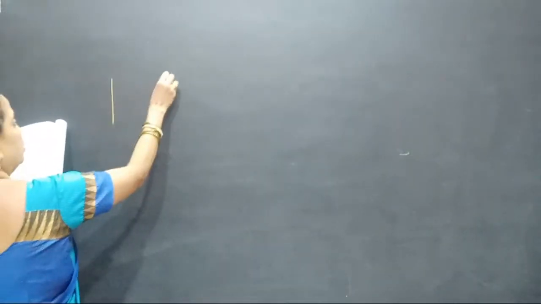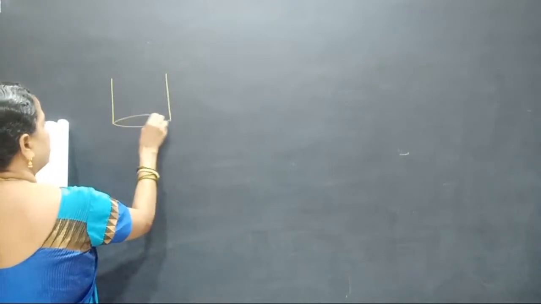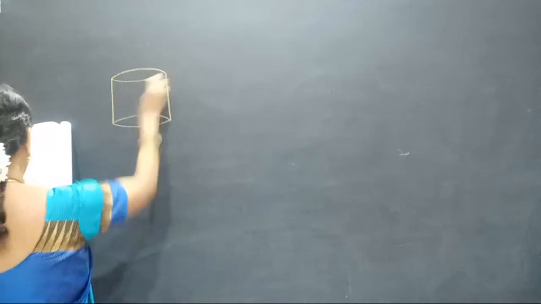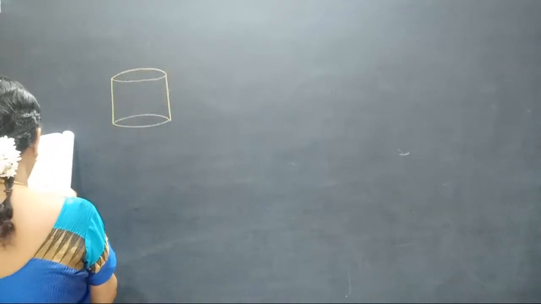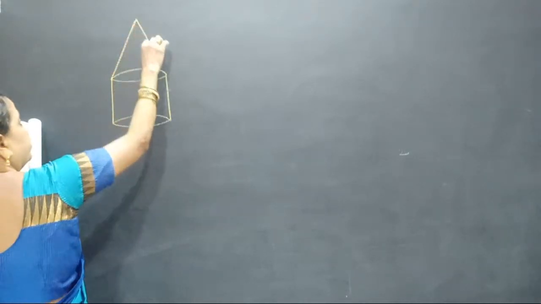Okay, now shall I proceed to the next question? A tent is in the form of a right circular cylinder surmounted by a cone. This is the base of the tent, surmounted by a cone like this.